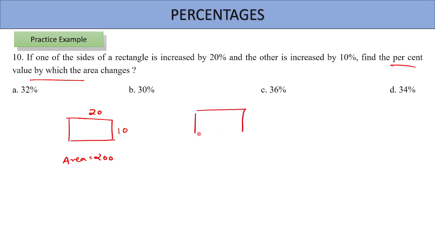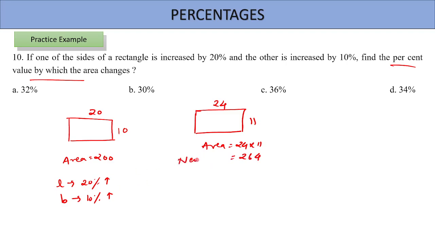Now it is telling that one of the sides is increased by 20 percentage. So I will increase my length by 20 percentage and I will increase my breadth by 10%. So it will be 24, since 20 plus 4 is 24 for 20 percentage, and 10 will become 11. So my area will be 24 into 11, which is 264.